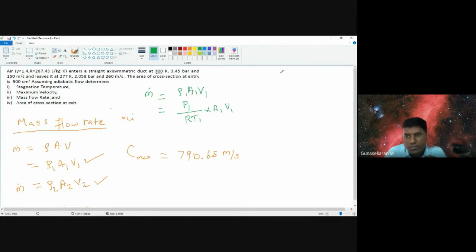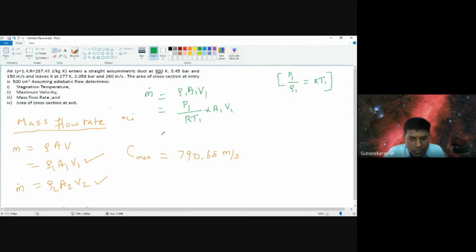P1 by rho 1 is P1 times the specific volume, and the inverse of specific volume is nothing but density.